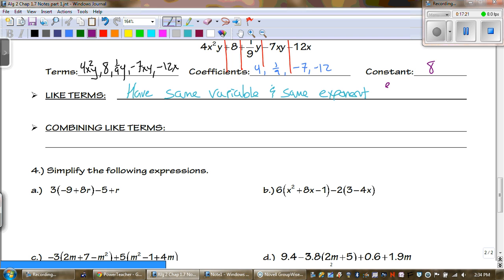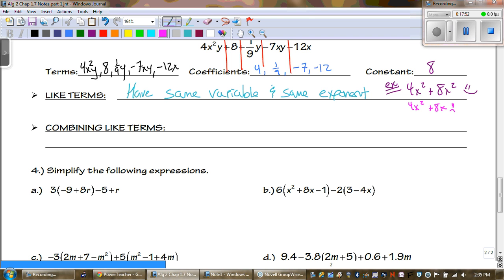An example of that would be 4x squared plus 8x squared. Okay? Same variable, it's an x, and it's raised to the same exponent. All right? Now, if they were different, say 4x squared plus 8x, those aren't the same. Okay? We can't do anything with them.